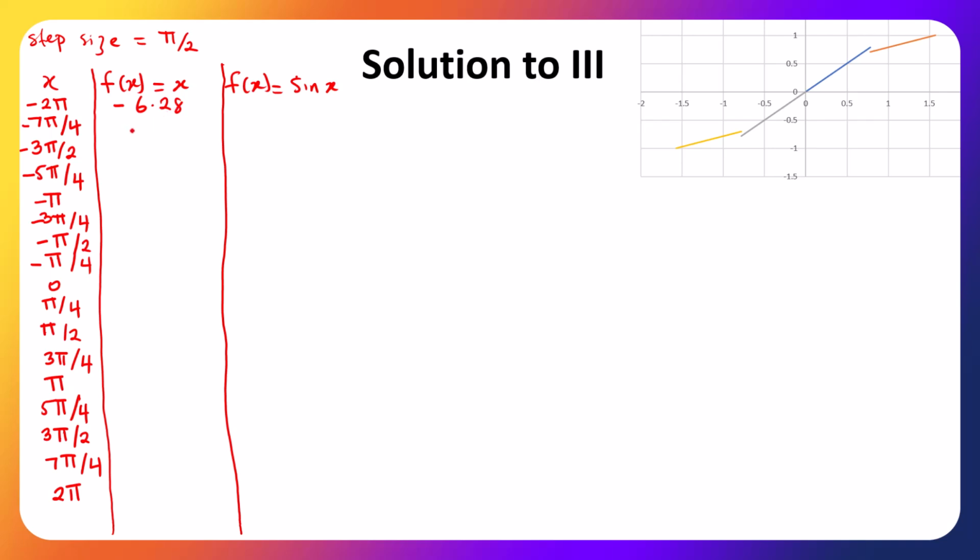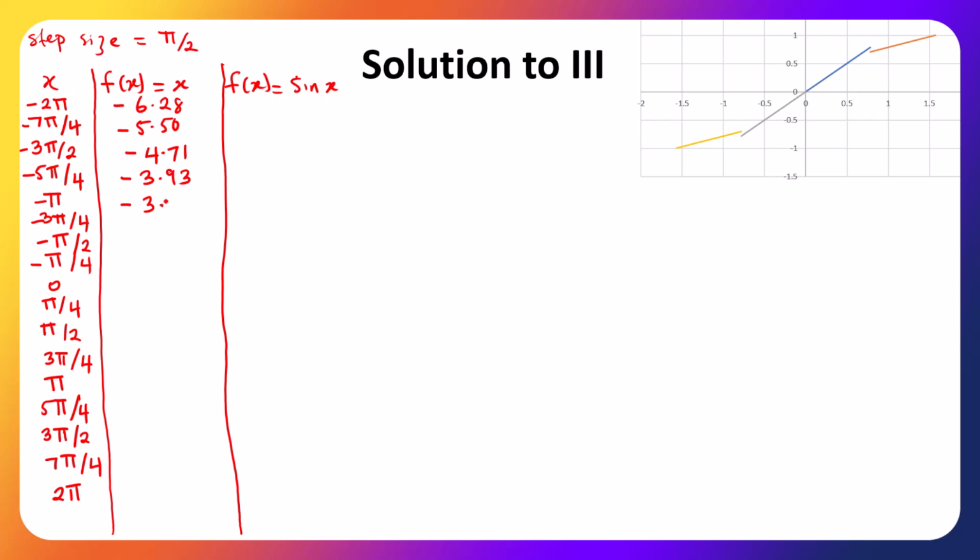So minus 2 pi gives us minus 6.28. Here we have minus 5.50. And the next one we have minus 4.71. And the next one we have minus 3.93. The next one we have minus 3.14.